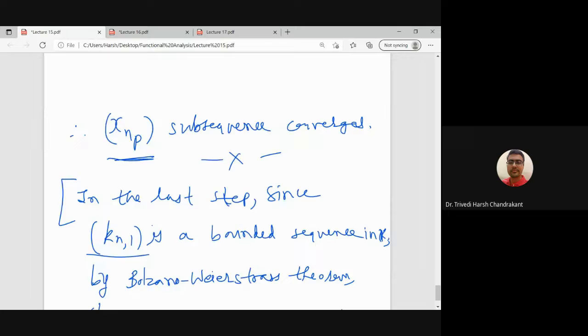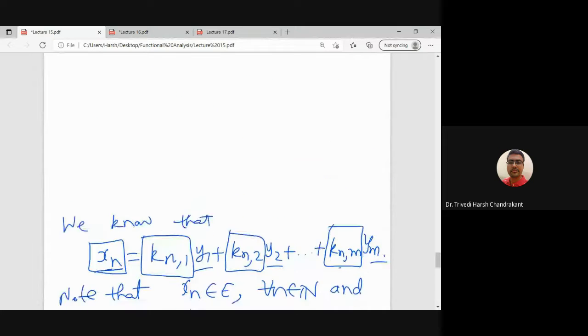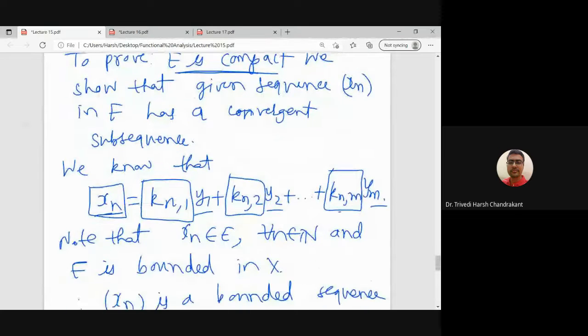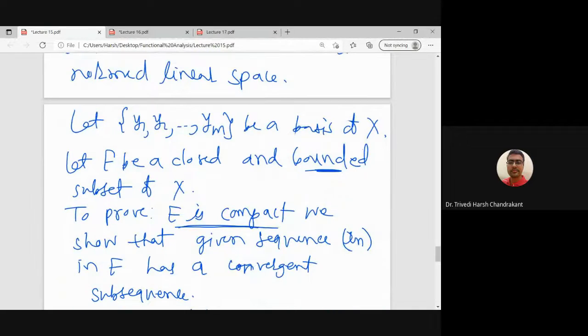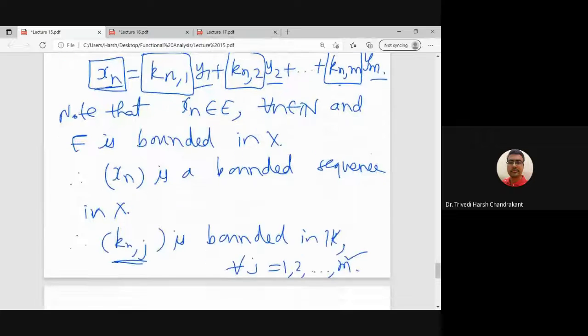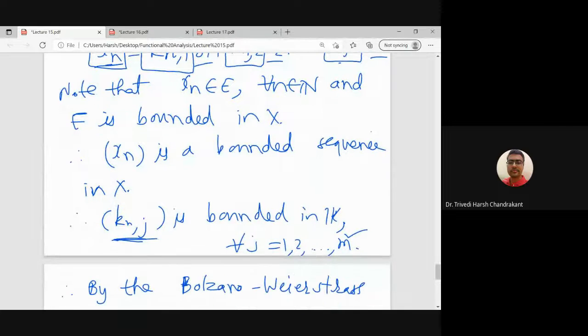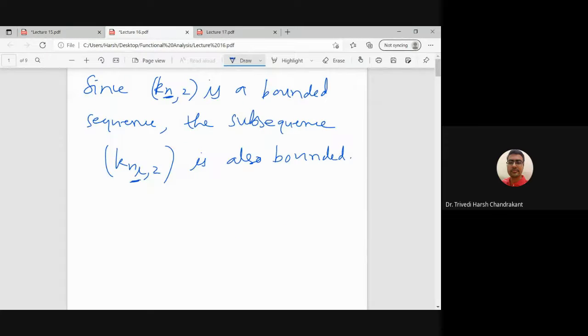That is our assumption that each K_n^j is a bounded sequence. Each of these is bounded, so every subsequence is bounded.